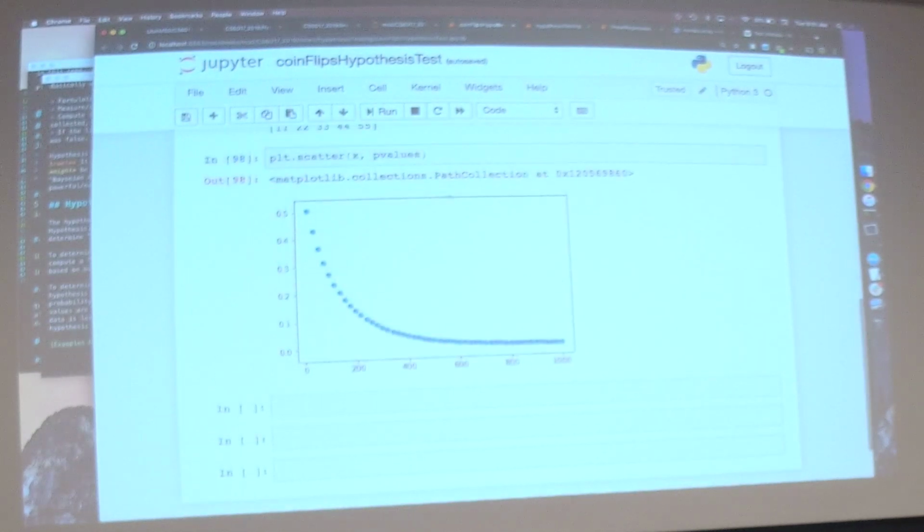So if we have an extra 5% heads, this is a graph of the probability, the p-value plotted against the number of flips. As you can see, until I get up to 200 some flips, getting an extra 5% heads is not that crazy, and beyond that, it gets to be really low.